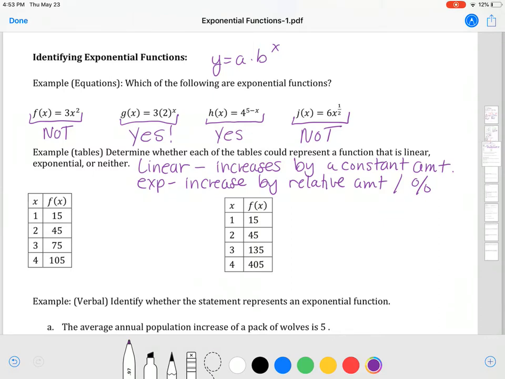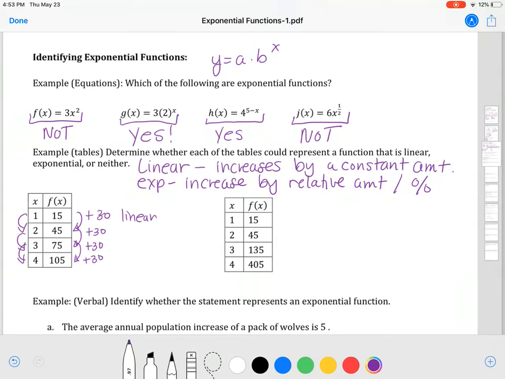So if we look at this first table, x is increasing by 1. So every time I increase by 1, notice what I'm increasing for y. Every time we keep adding 30 when we add 1 for x. So this is going to be linear because the change in y over the change in x is always going to be the same.